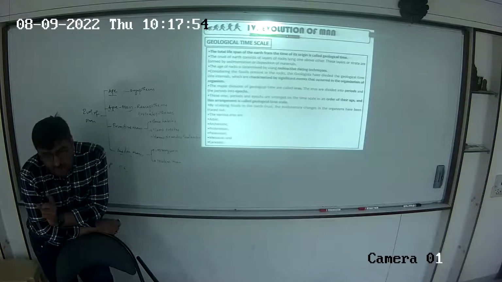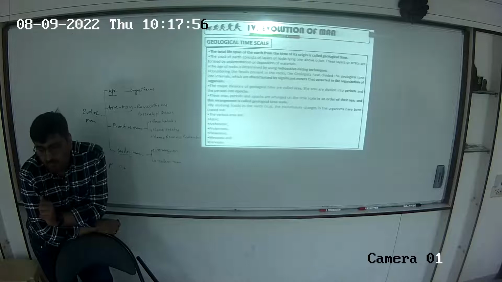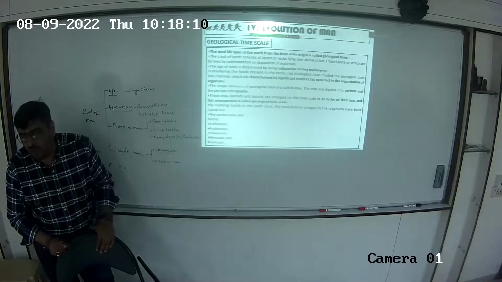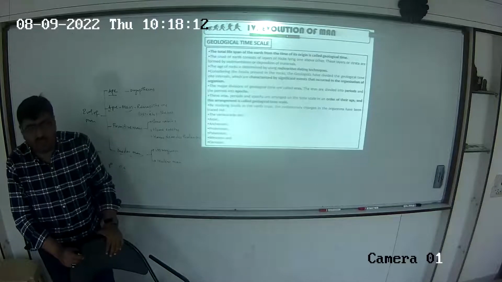Now go to 7.10. 7.10 is mentioning only periods. Look at the left. Can you see it mentioning only periods? So please write the respective eras for them in 7.10. Tertiary and Quaternary, written on top, will be Cenozoic.